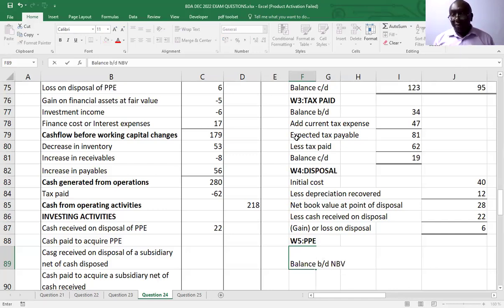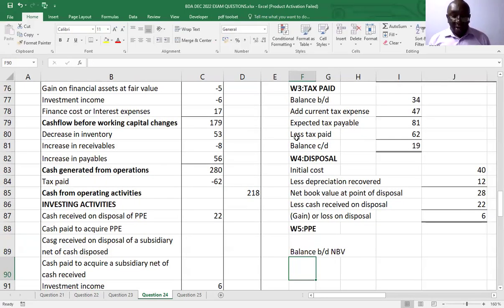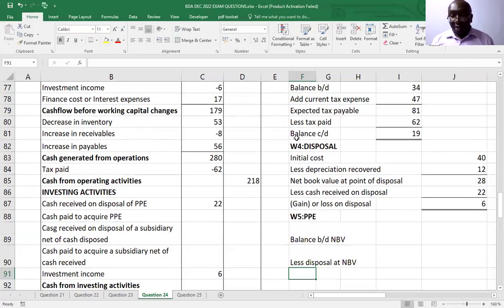Let's work with net book value. Then we less any disposal. We less disposal at net book value.